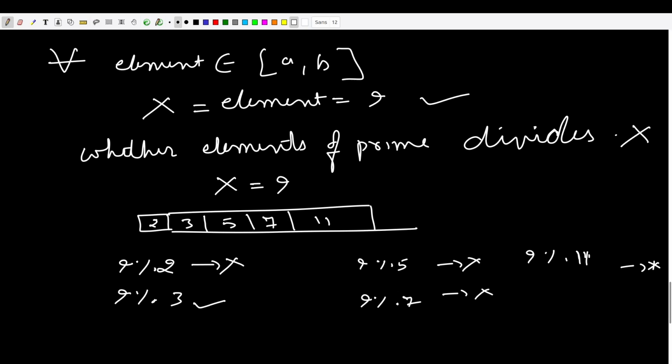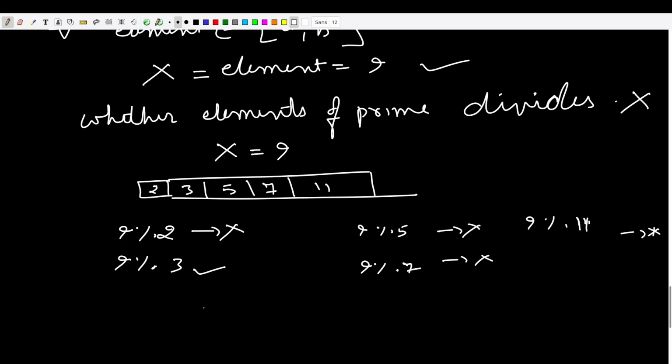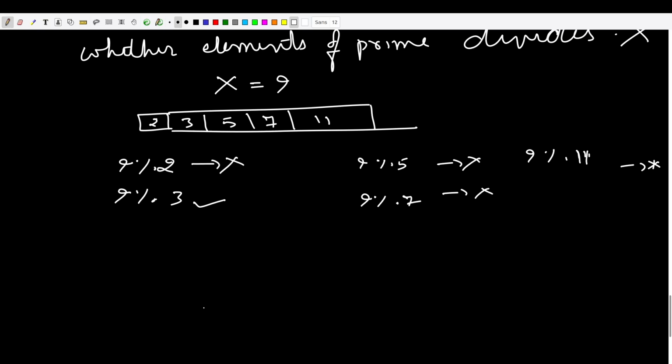So for the case where it divides the number, we are going to compute how many times. So for instance, 9 is equal to 3 into 3, right? So how many times 3 divides 9 is something we are going to compute.